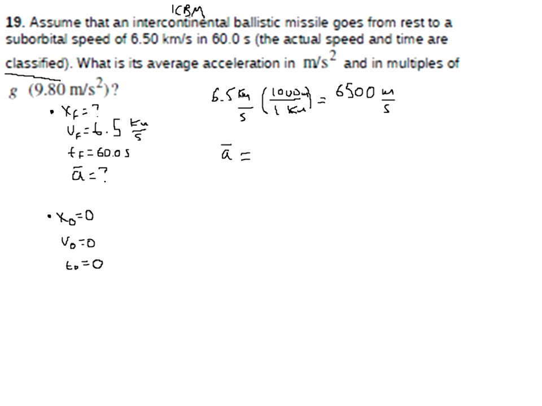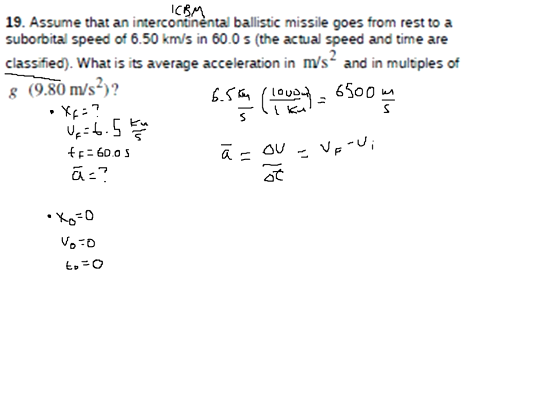Average acceleration is change in velocity over change in time. We don't know the final position, but we don't need to know that. Sometimes you'll have an unknown and you just don't need it. It's not part of the equation and it's not being asked for.